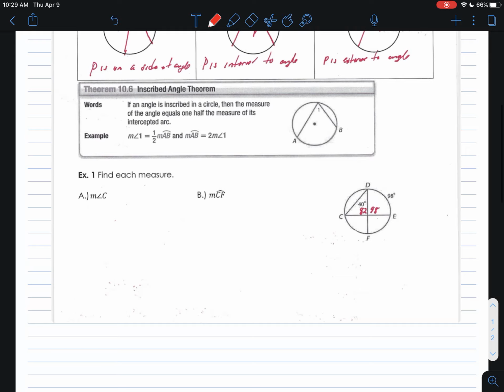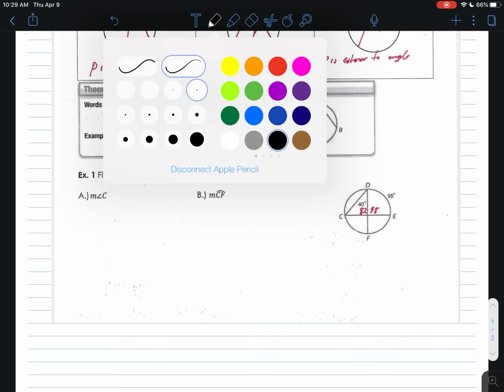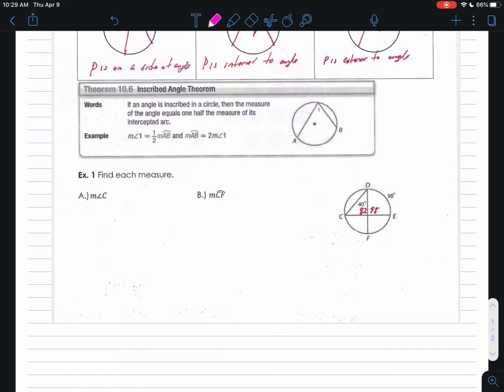Okay, so for number 1, what we're looking at is the measure of angle C. So that's going to be right here. Actually, I'll go a different color. We'll go pink. So for measure C, which is right here, we have to notice that when you extend these, it includes this right here.